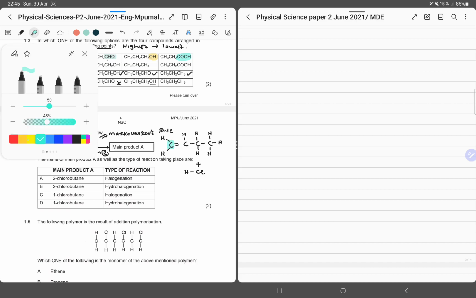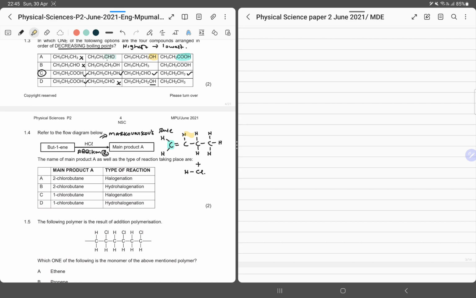The way it's defined in the book can be a little bit confusing. But when we break the double bond, the carbon that bears the most hydrogens will take the extra hydrogen, and the carbon that has fewer hydrogens will take the halide. That's Markovnikov's rule. So in essence, we're going to end up with something like this, CH3.